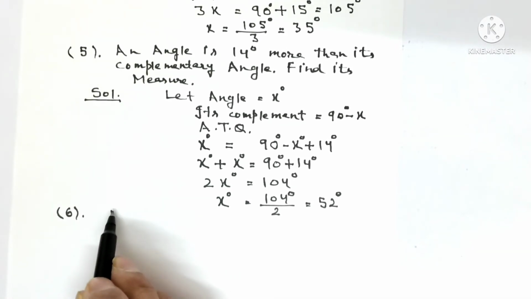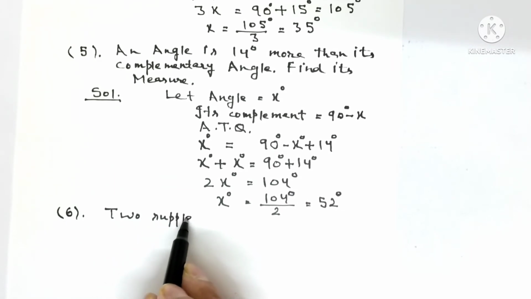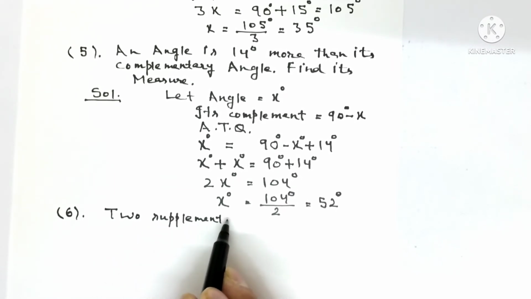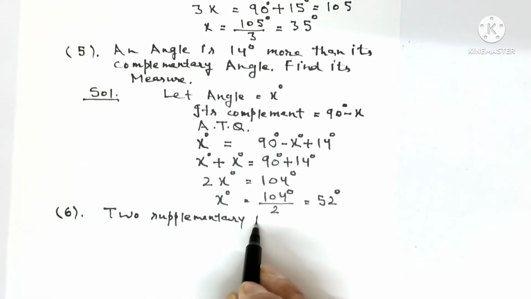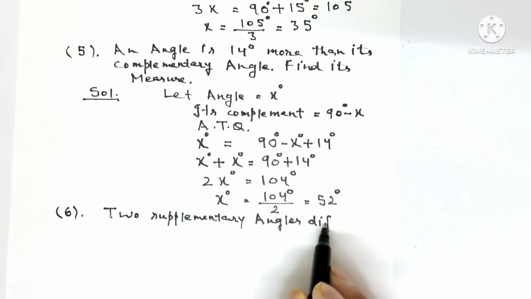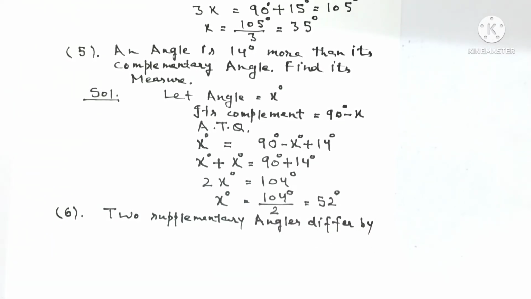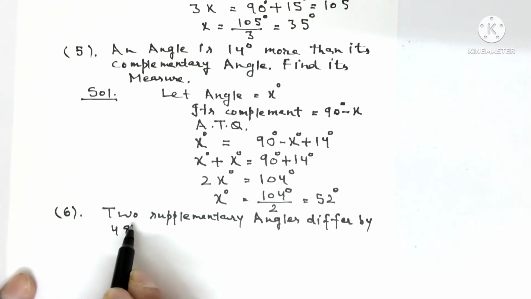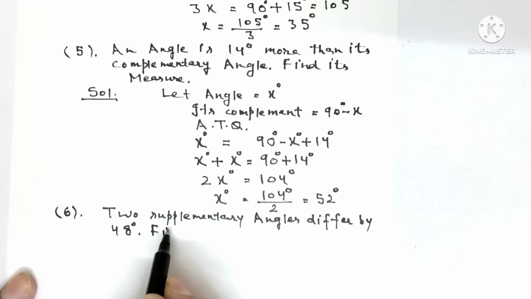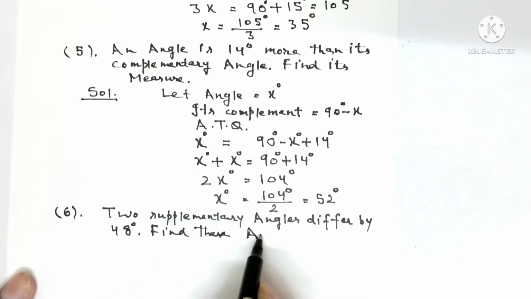Two supplementary angles differ by 48 degree. Find these angles. So how will we proceed?